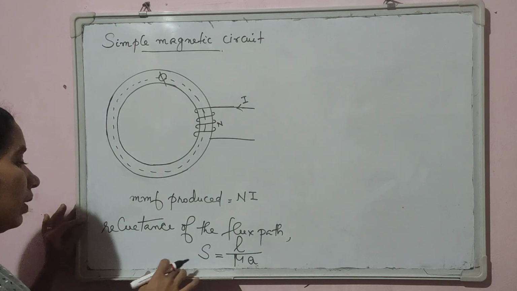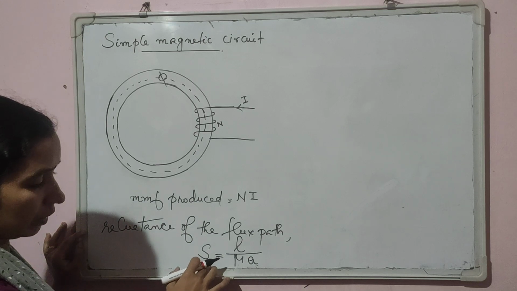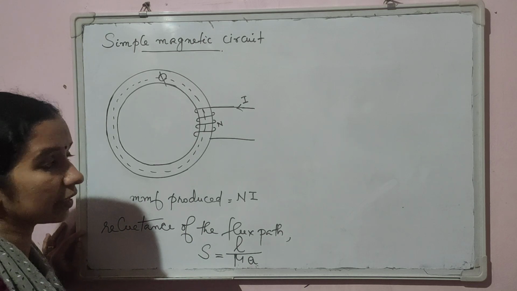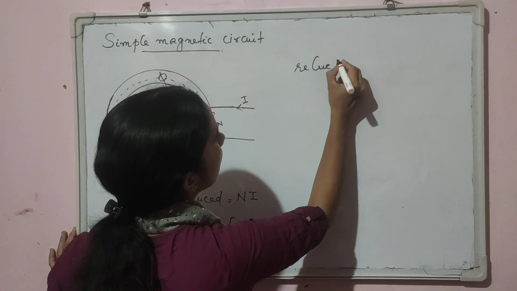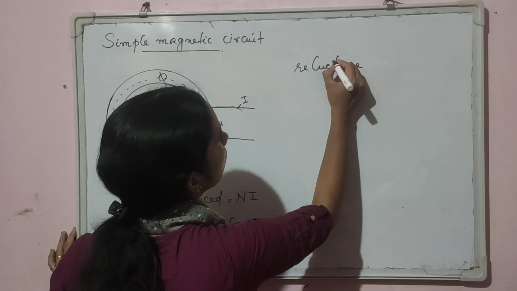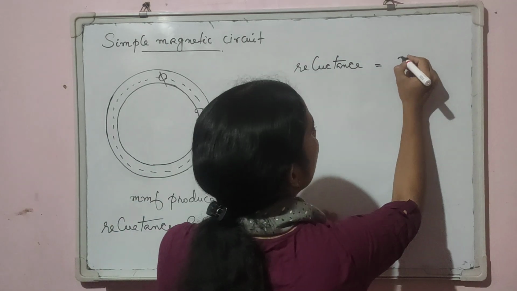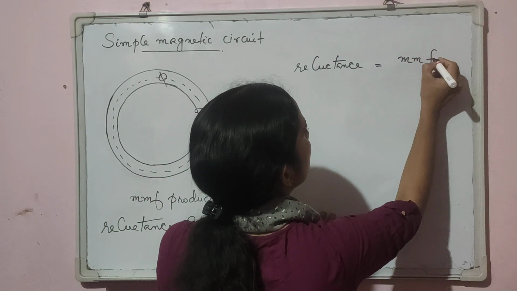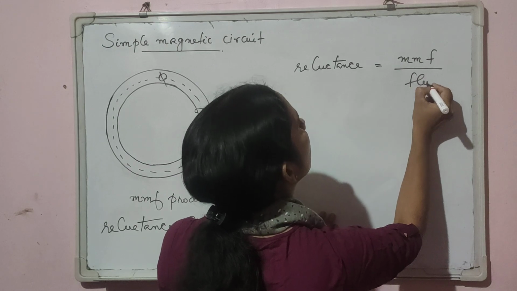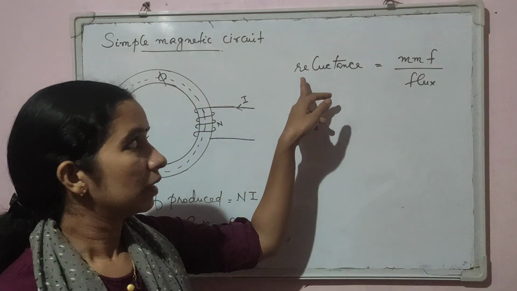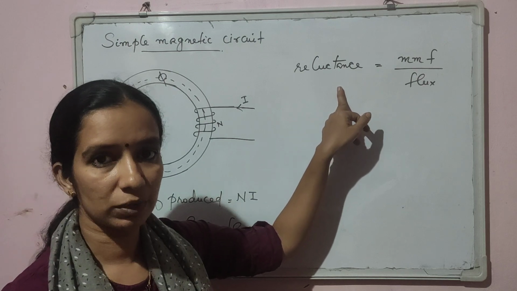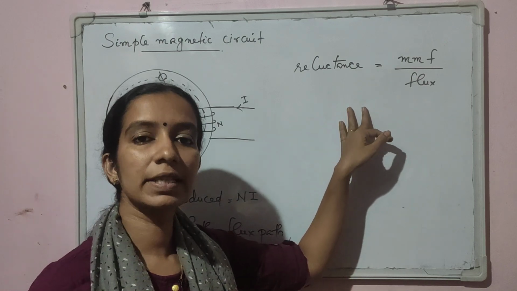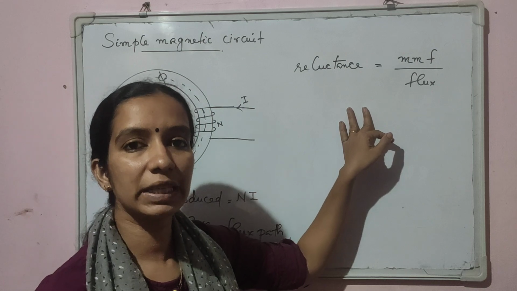Now, the reluctance can be expressed in another way also. We have reluctance equal to MMF divided by flux. Reluctance is equivalent to resistance in electrical circuits. We know that resistance is equal to EMF divided by current.